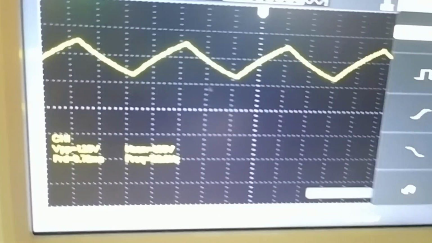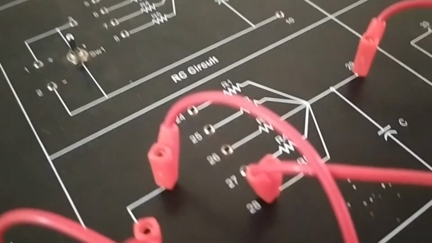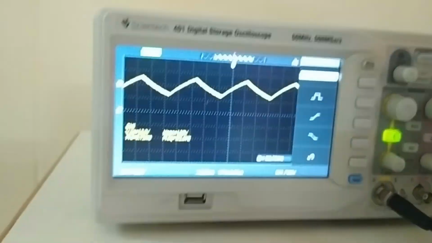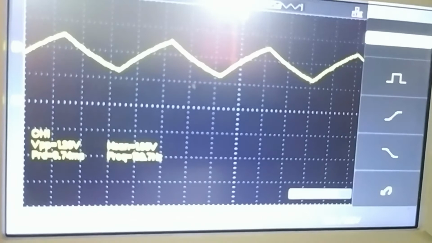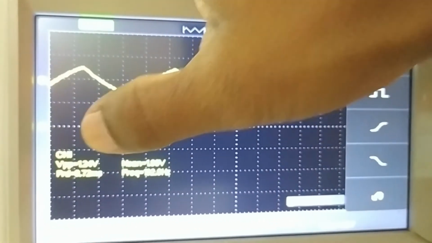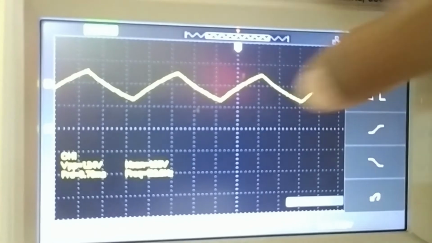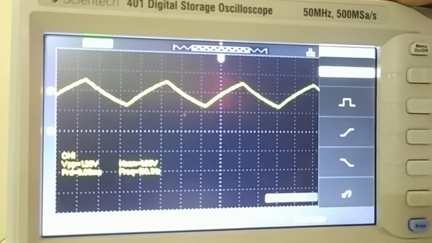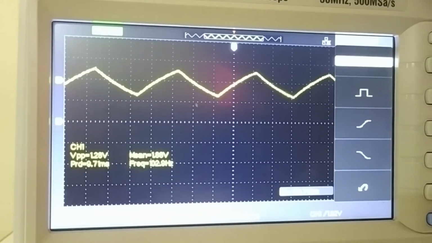Now I am considering the R5 value, that is 6.8 kilo ohm. We can clearly see the variation and the charging and discharging cycle in the waveform. Note down the corresponding voltage and frequency. Measure the time constant for R5 and C value.